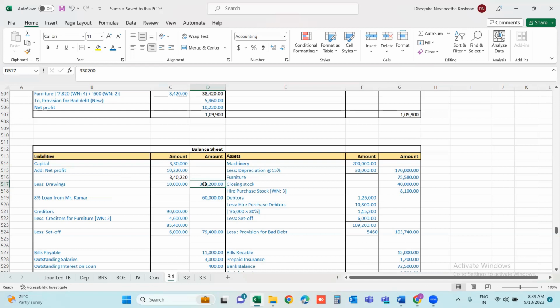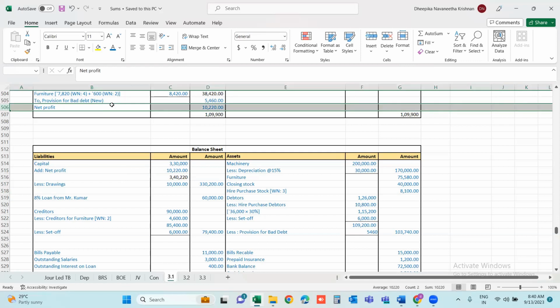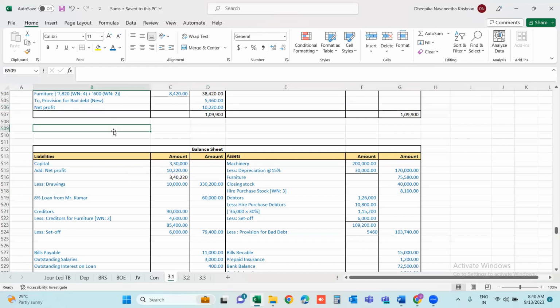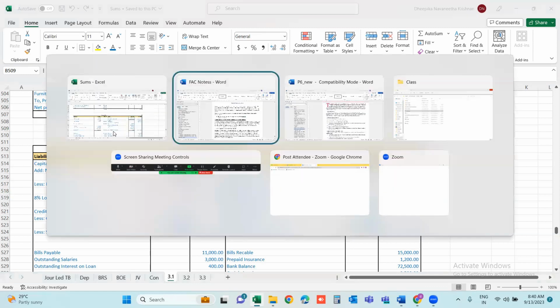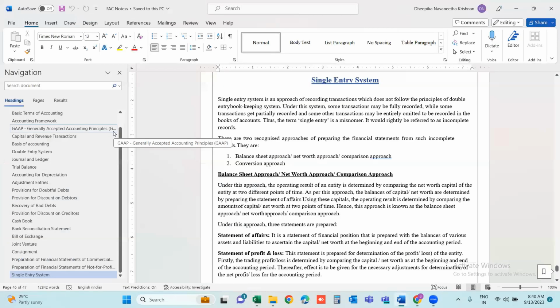When I do it in this reverse way, closing capital minus opening capital gives my net profit, but I need to adjust for drawings and capital. Drawings should be added and additional capital should be subtracted to arrive at the net profit. Clear? Yes, ma'am. This is what we do in the first approach to find the net profit.